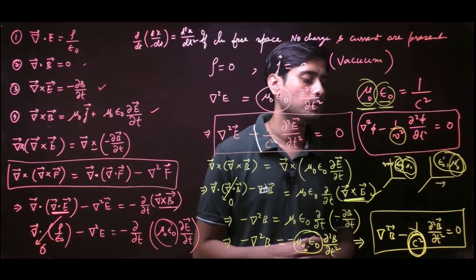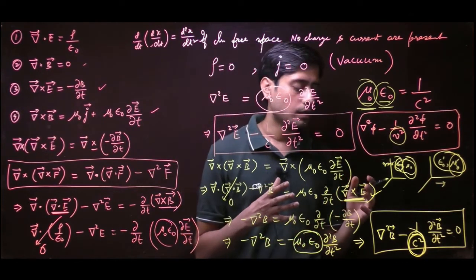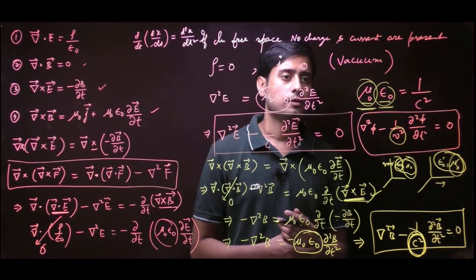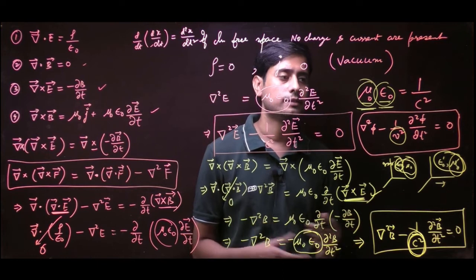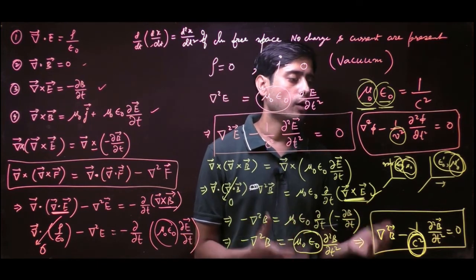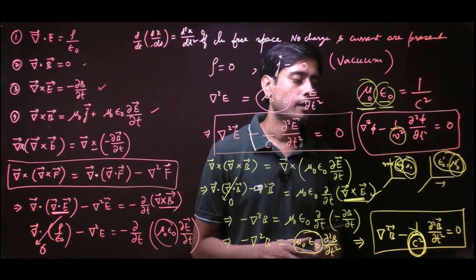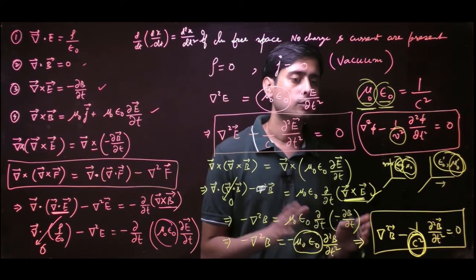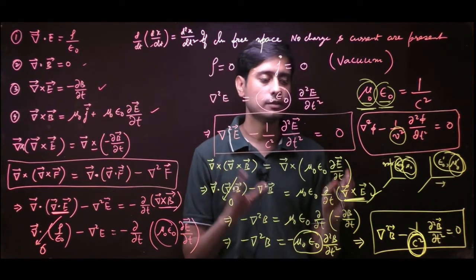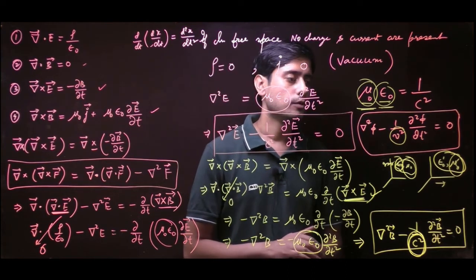This constancy of the velocity of light also suggested that the velocity of light depends upon these two factors, mu naught and epsilon naught, and this speed is constant throughout space, because all observers observe the same speed, and only by assuming this will we be able to retain the form of these Maxwell electromagnetic wave equations.